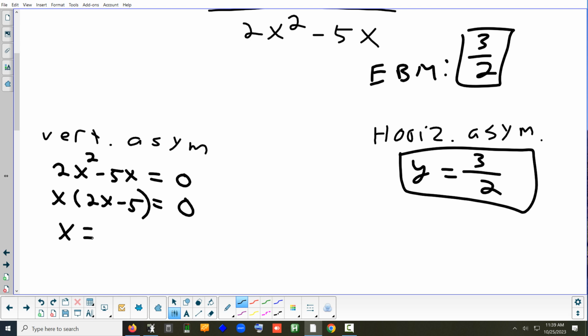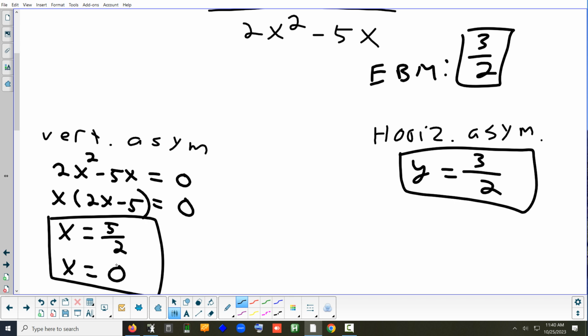Yeah. 5 halves is one of them. It's easier to think about it as a decimal just for graphing, so it's 2.5. And there is another vertical asymptote. It's going to look very similar to the last one. Yeah. 0. So 2 verticals, 1 horizontal.